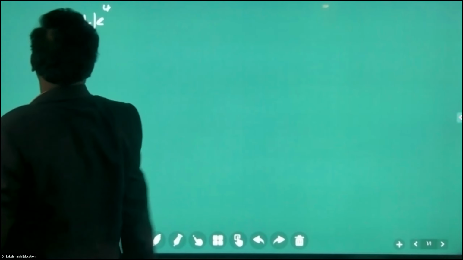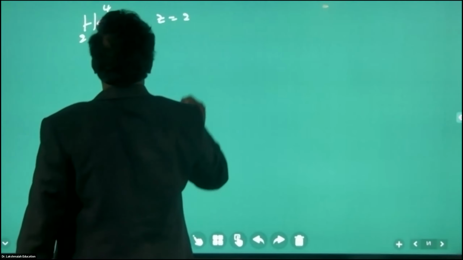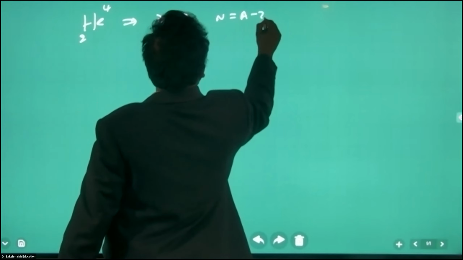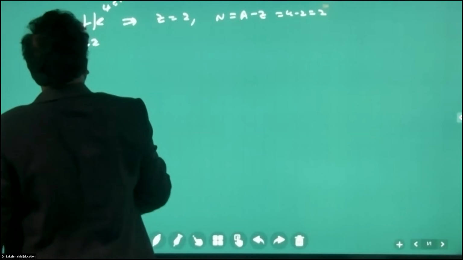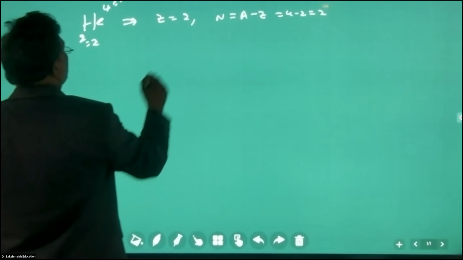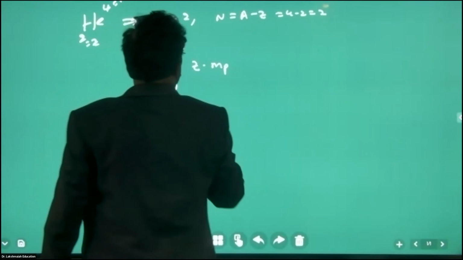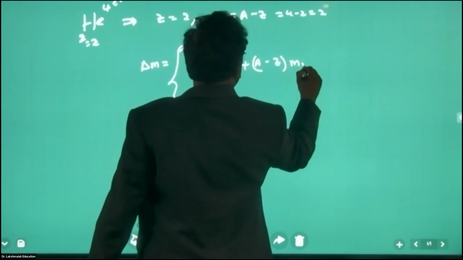Helium 2, 4 means that atomic number is equal to 2, and number of neutrons is equal to A minus Z, that is 4 minus 2, equal to 2. So this is A and this is Z. Now, how to find that mass defect? Z into mass of proton plus A minus Z into mass of neutron minus M.